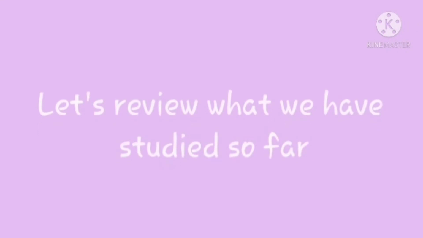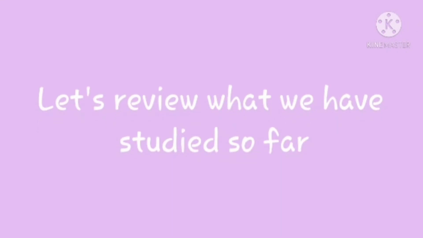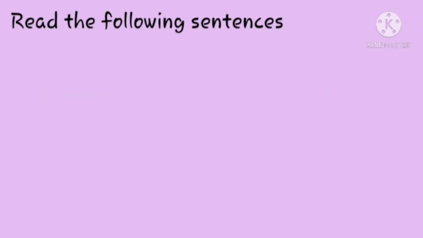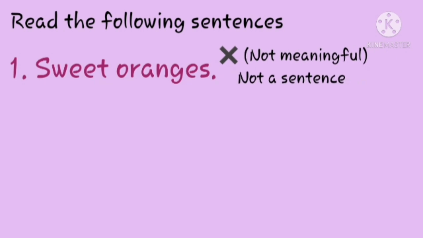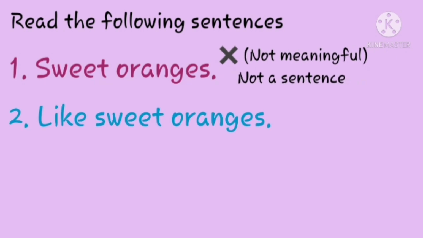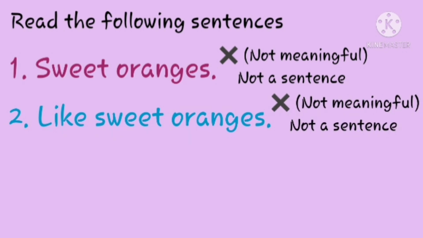Let us quickly review what we have studied so far. Read the following sentences. First, sweet oranges. Students, does this group of words make complete sense? No, so it is not a sentence. Second, like sweet oranges. Now there are three words but they still do not make complete sense. So this is also not a sentence.